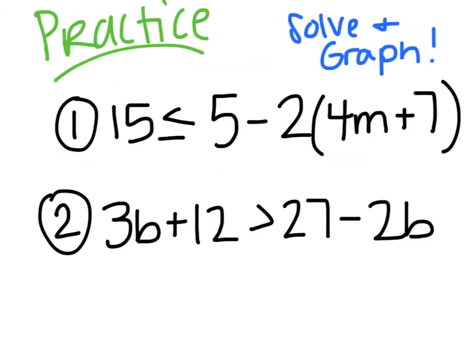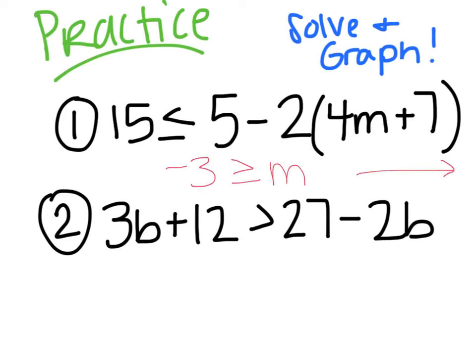Alright, your turn to practice these two concepts. Go ahead and solve these, show all of your work, and then graph it, and then check in with me. Alright, answers. Number 1, we have negative 3 is greater than or equal to m.